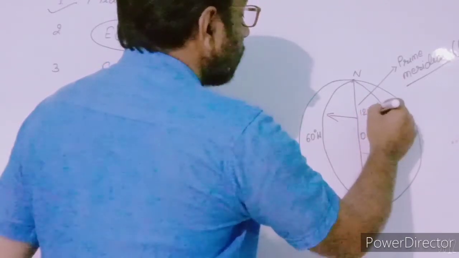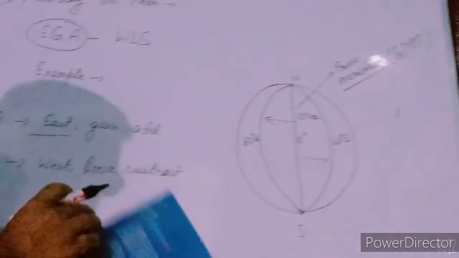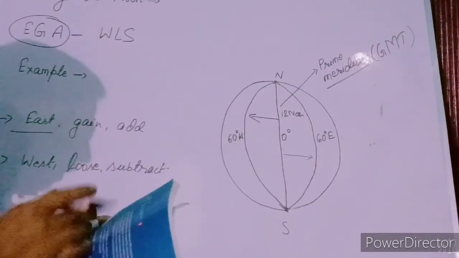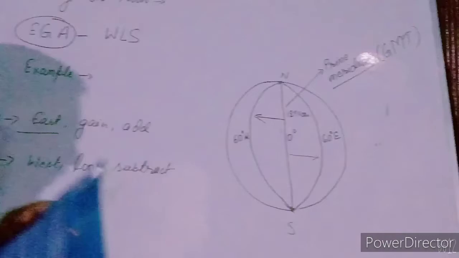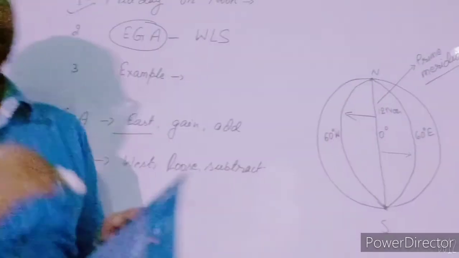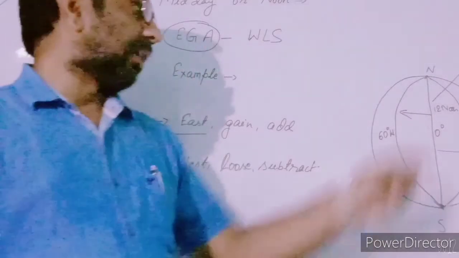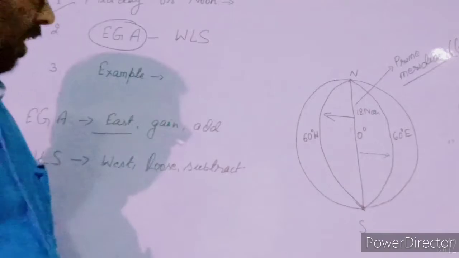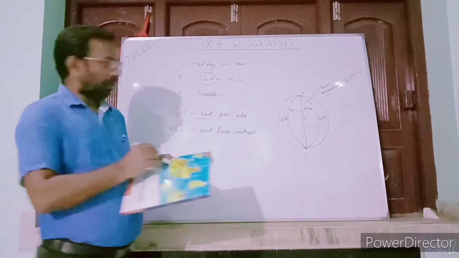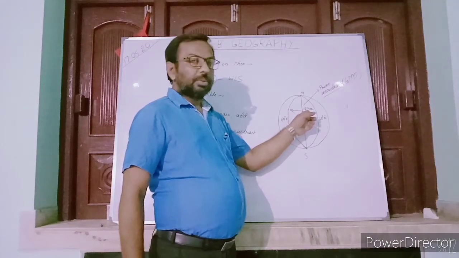The time at the Greenwich is 12 noon, because Greenwich is used as the prime meridian. Prime meridian, again I repeat, is the starting meridian. Here in this diagram I have considered this Greenwich meridian as the prime meridian, and the time at Greenwich is 12 noon.